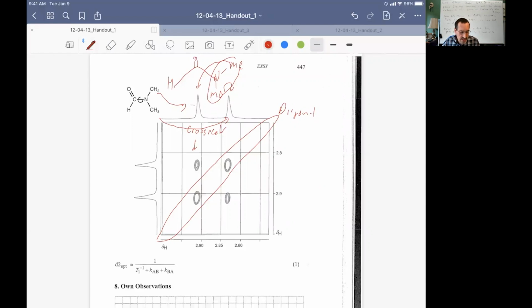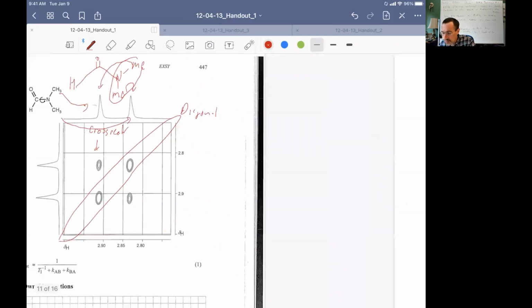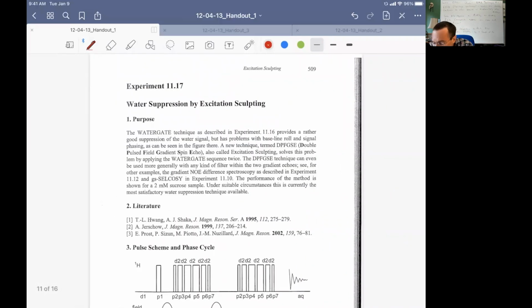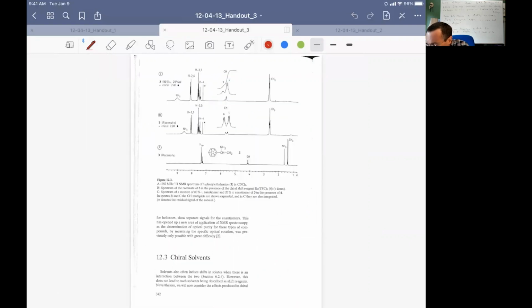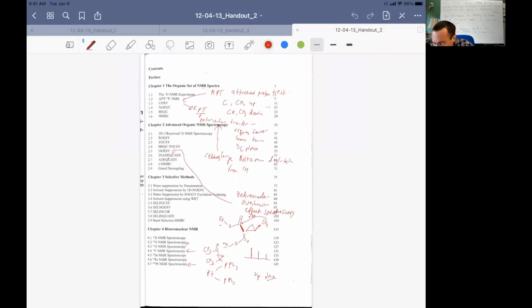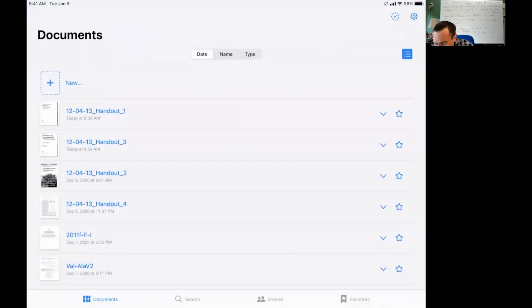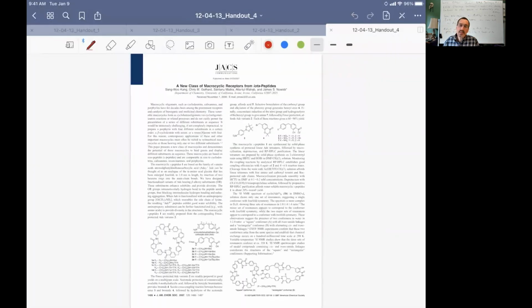All right, I want to give you a real example from my lab that I thought was really, really cool. I think this is handout number 4, and I accidentally closed that one. Okay, so this is handout number 4, and it was a paper that a graduate student in my group, Sang-Woo Kang, was doing.